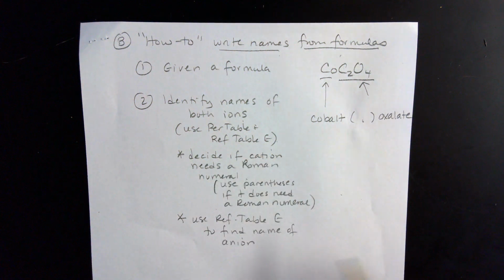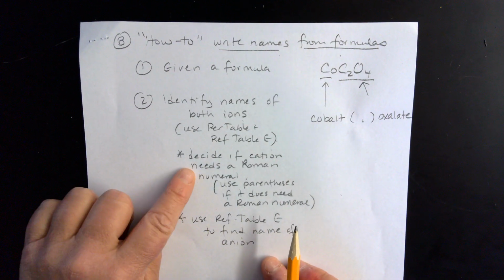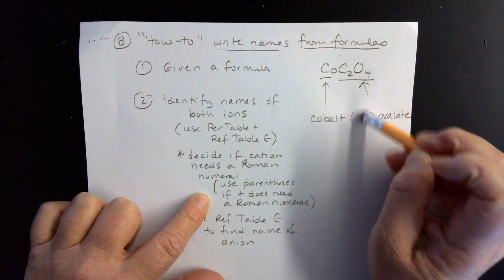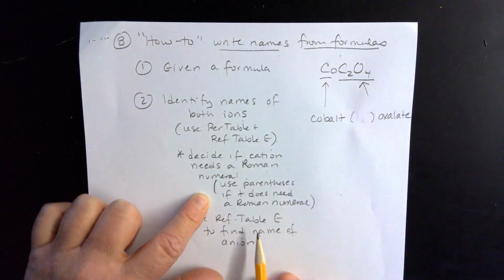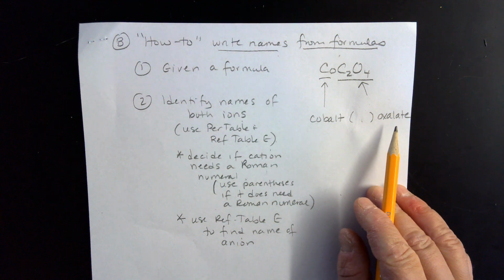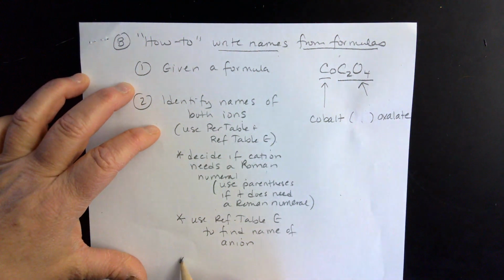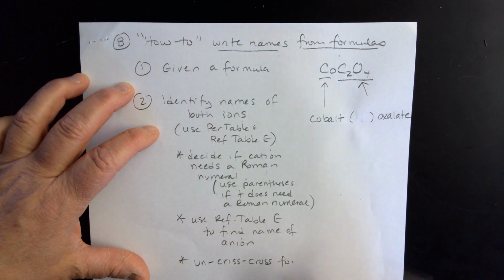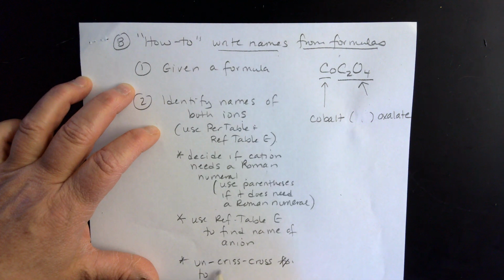And now, we've decided that it needs a Roman numeral, we're using parentheses, and we got to come back to figuring out what that is. And we found the name of the anion. Okay. So the next thing we need to do is crisscross to figure out the charge of the cation.